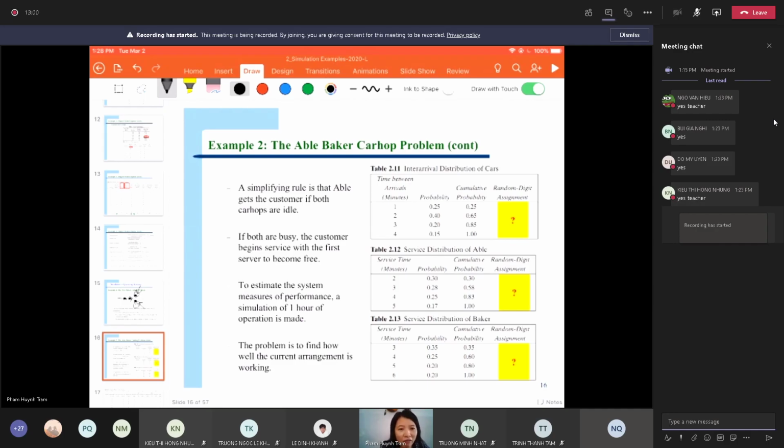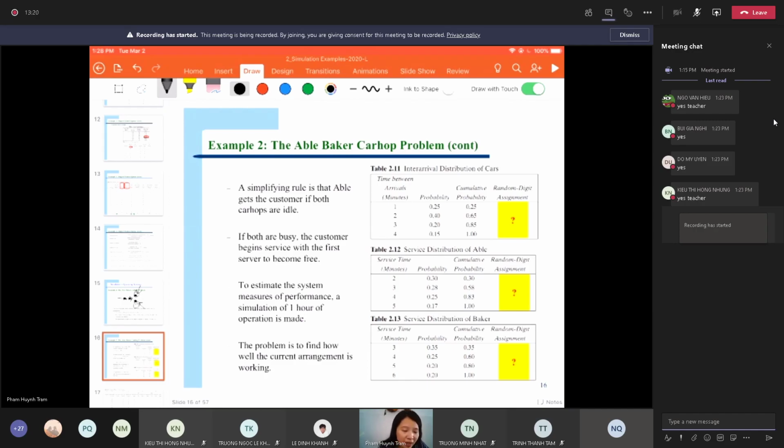But if both of them are busy, then of course the customer will begin the service with the first server who is free first. All right, so that is our simple rule.